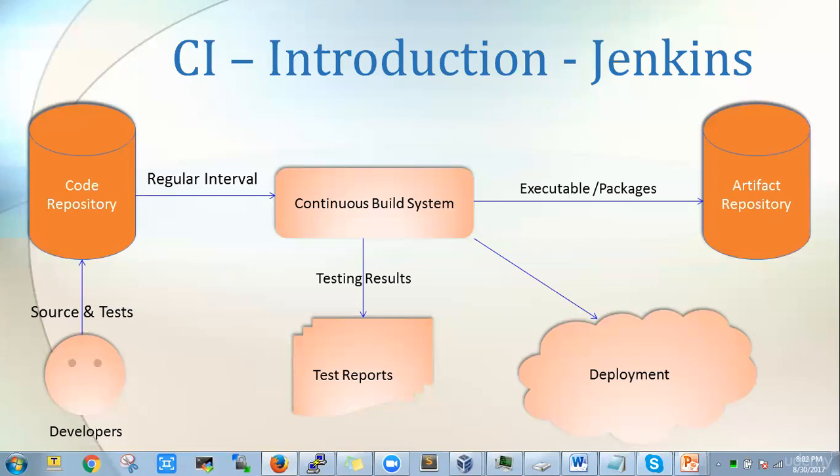What are the benefits of using CI? Immediate bug detection. No integration step in the life cycle. A deployable system at any given point. Record the evolution of the project. So these are the benefits I can get from the integration tool.